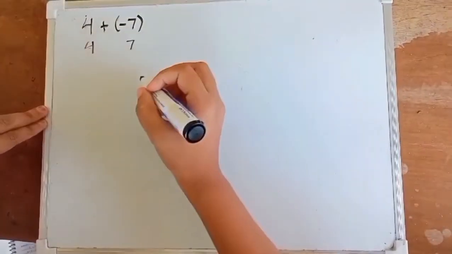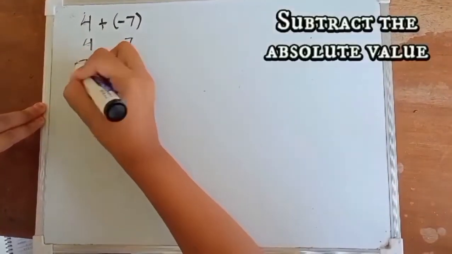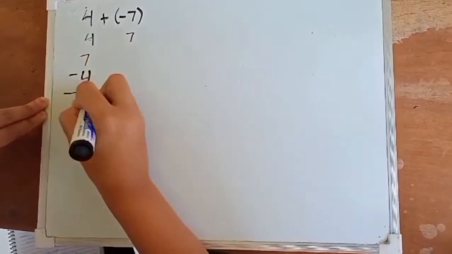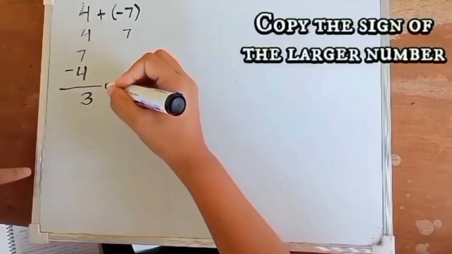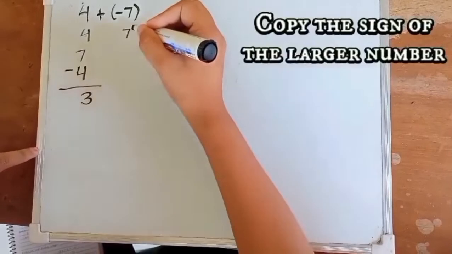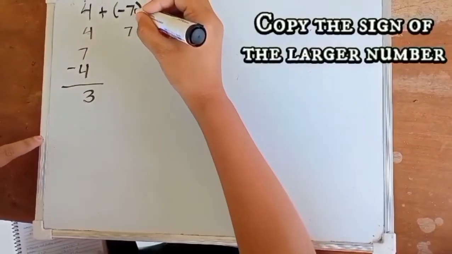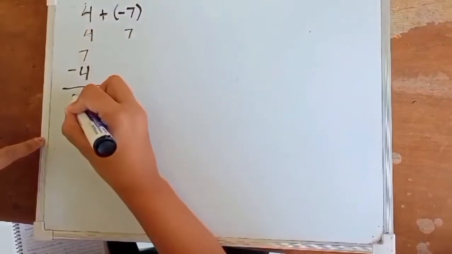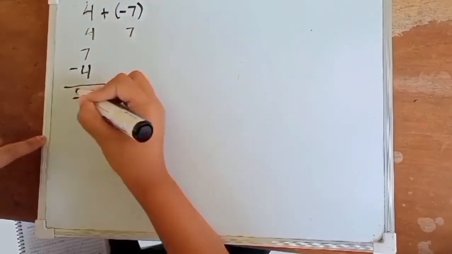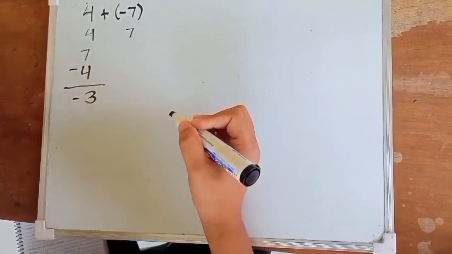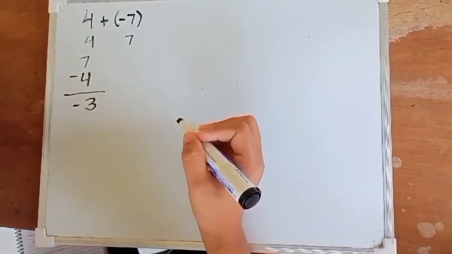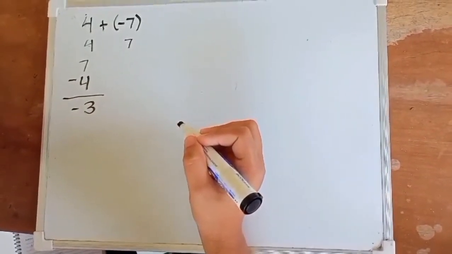Now subtract the two. 7 minus 4 is equal to 3. Now copy the sign of the larger number. Obviously the larger number is 7, -7. Since it is negative, put the negative sign in the answer, which is the 3. So the answer will be -3.